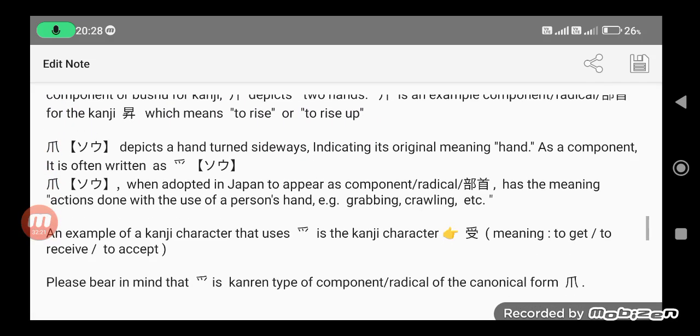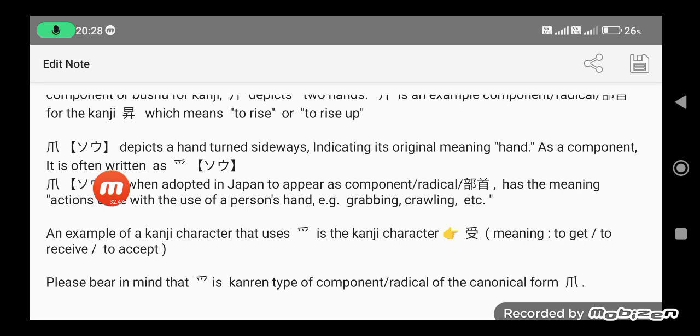And then another example of a bushu radical, so. This is actually also a hand, but particularly the part of the hand that has the fingers and the fingernails, tsume. It depicts a hand turned sideways, indicating the original meaning, hand.